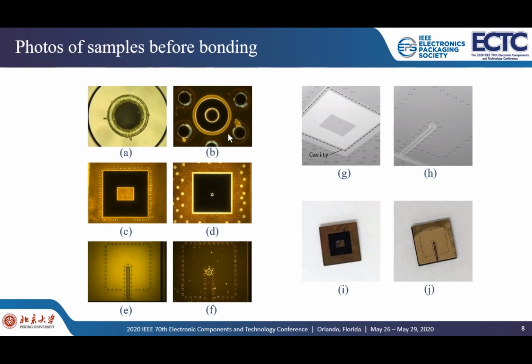Figure C, D, E, and F are photos of the top and bottom substrate of the antenna sample before bonding. The important thing to note here is that we need to ensure a good alignment between the feed wires located on the top and bottom silicon interposer.